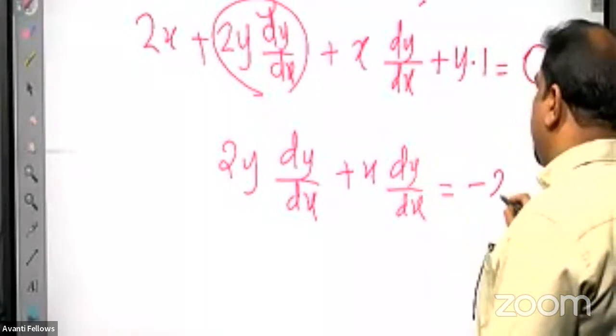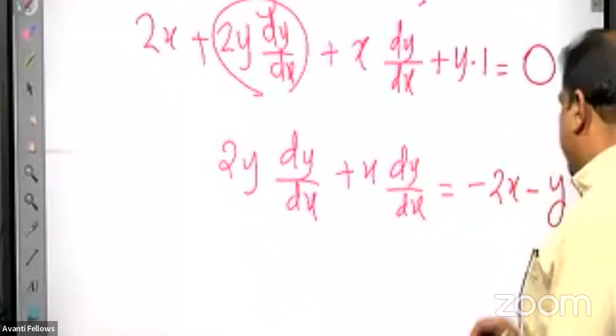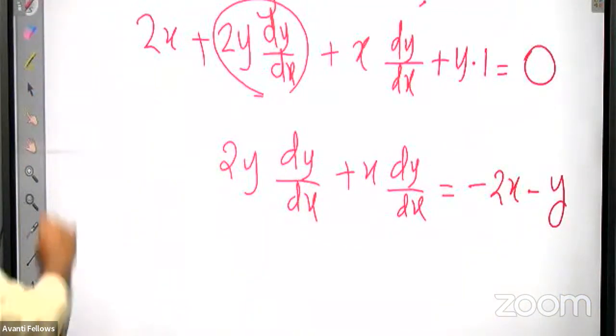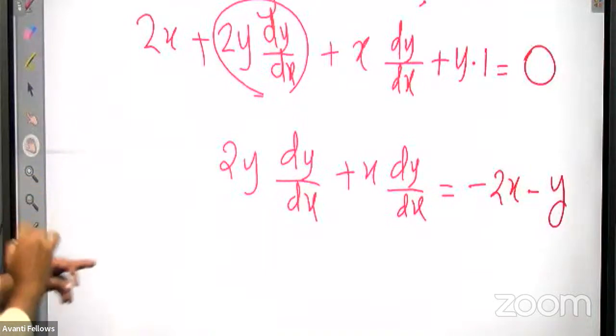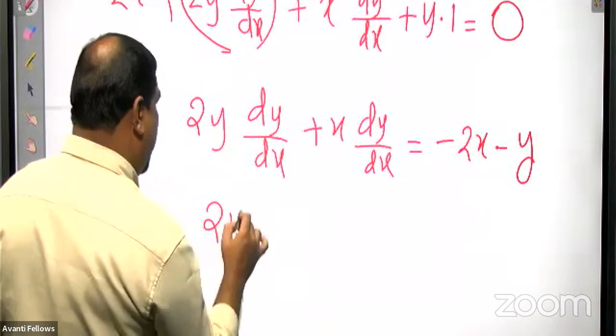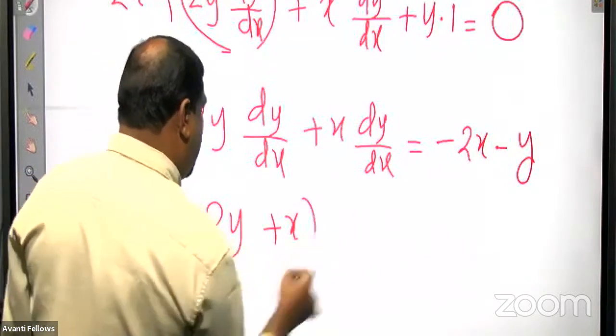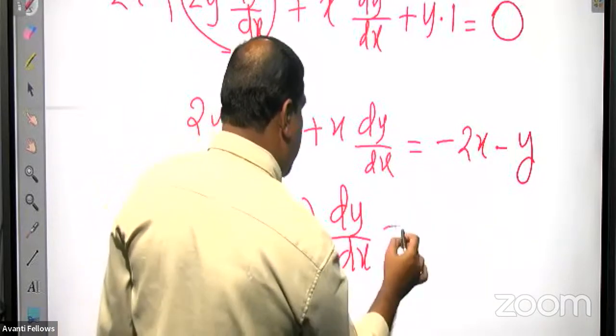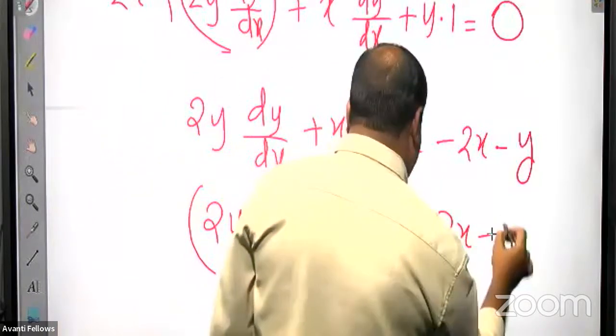That means minus 2x minus y. Now dy by dx is common, so take it outside. So (2y plus x) into dy by dx is equal to minus 2x minus y.